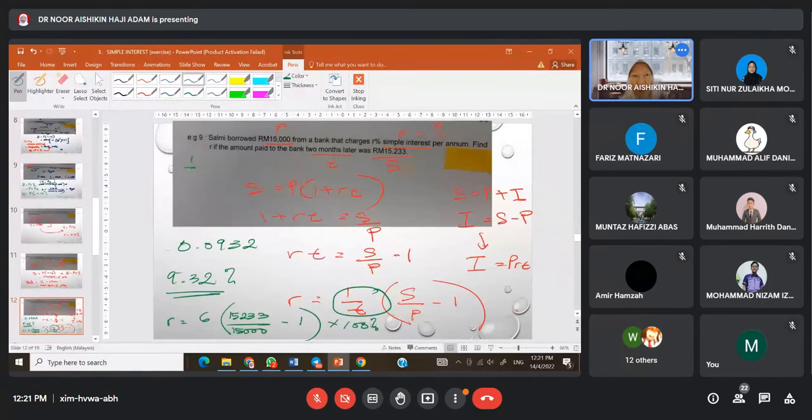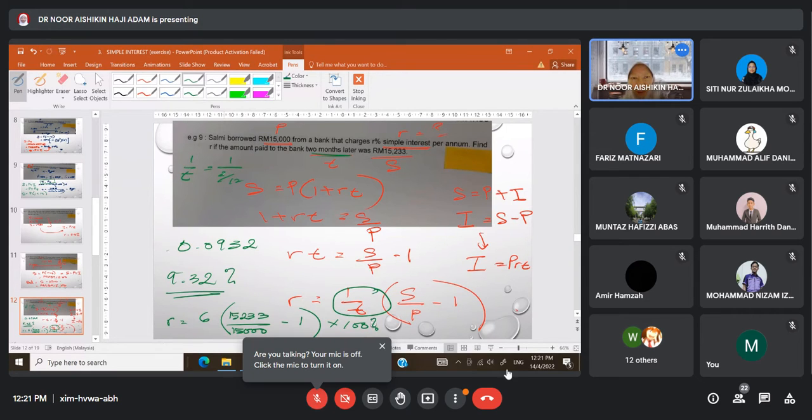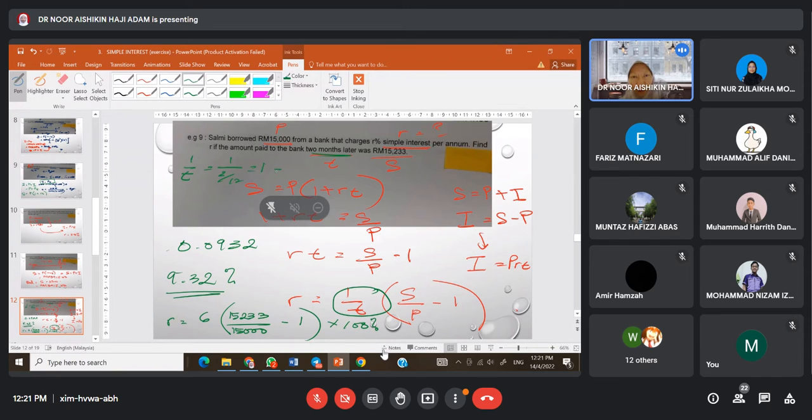1/t ni. 1/t is 1 over what is t? 2 months. So 2 months maknanya 2/12. 2/12 is 1/6 kan? Atau biarkan je dulu. So 1 divided by 2/12 is equivalent to 1 times 12/2, or 12/2.